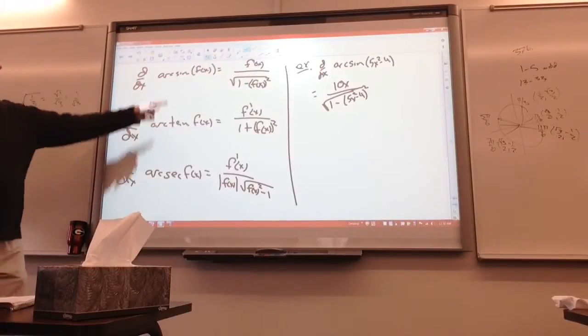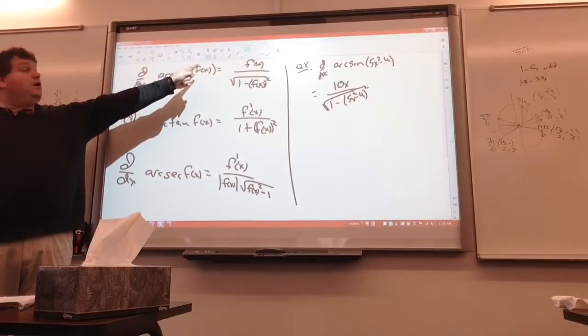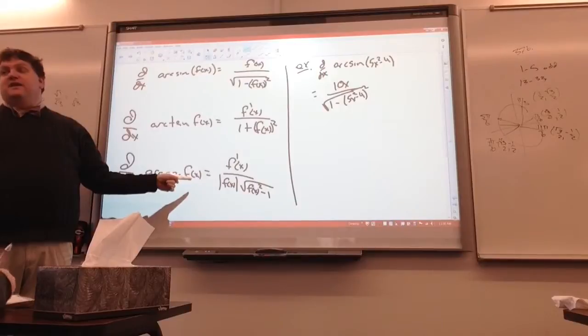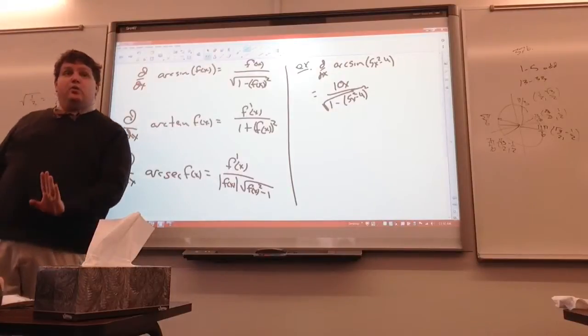So f of x has to be between -1 and 1 in order for the arcsine to work. Can it be 1? Yeah, it could be 1. It would work at 1.